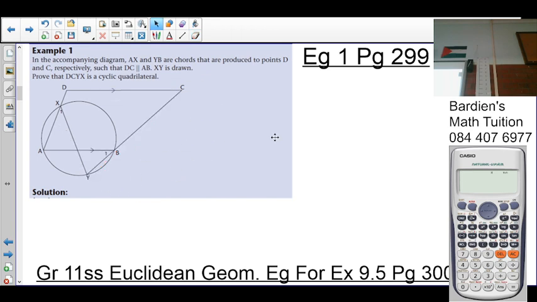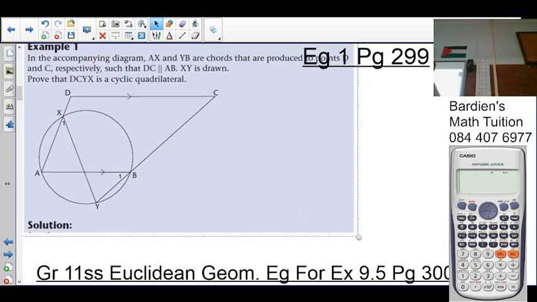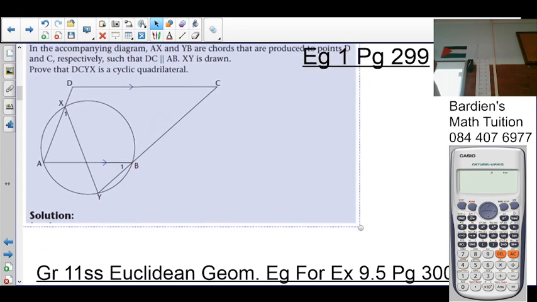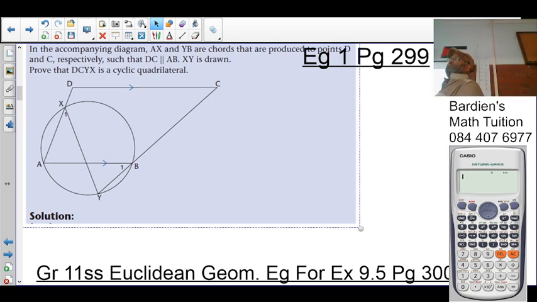Now, as I explained yesterday as well, you don't have to introduce the x, but it just makes life so much easier when we're proving the riders, not theorems, but the riders. So we're going to try and prove that angle x1 is equal to angle c.